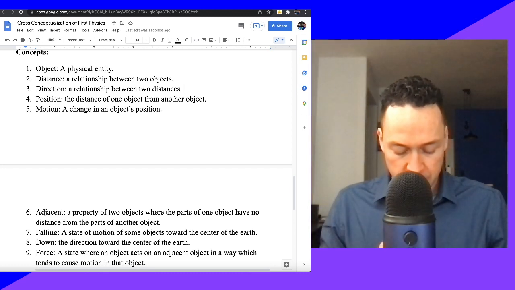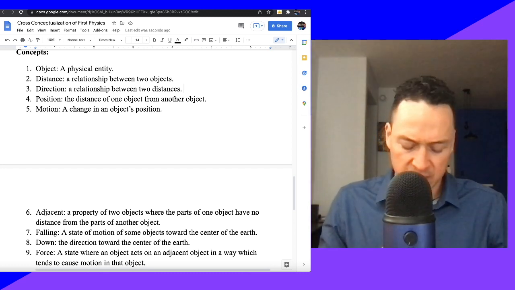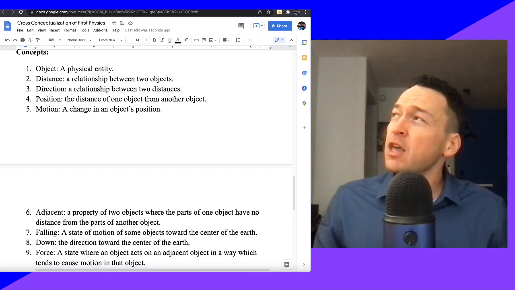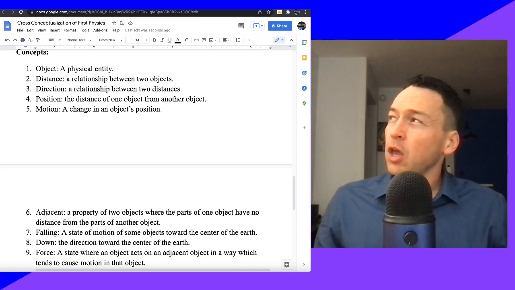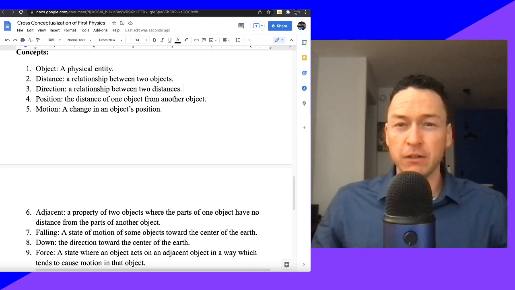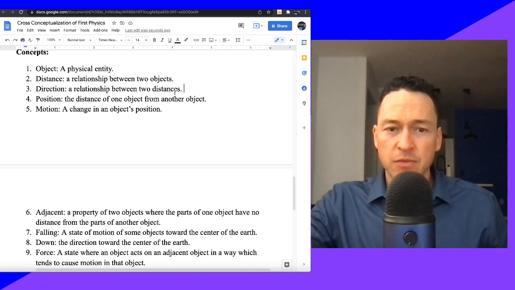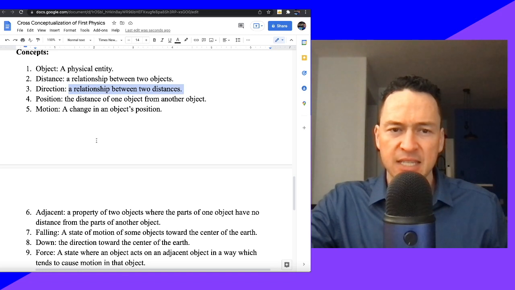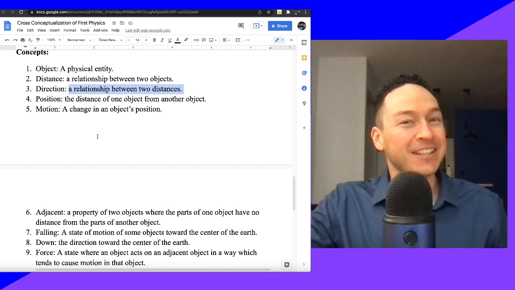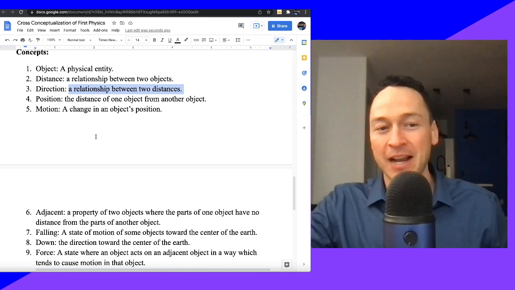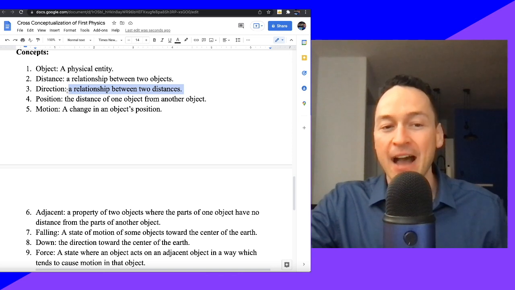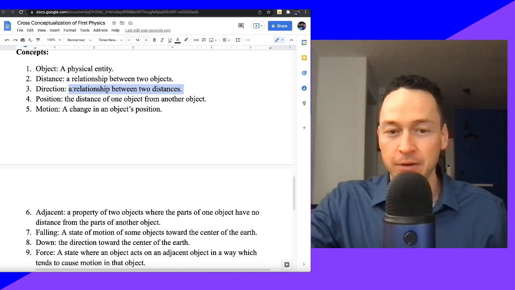The Cartesian coordinate system, polar coordinate system, spherical coordinate system, they all quantify direction. It quantifies the difference between the distances, but it doesn't identify an underlying cause. So that's cool. What's the underlying cause of direction?